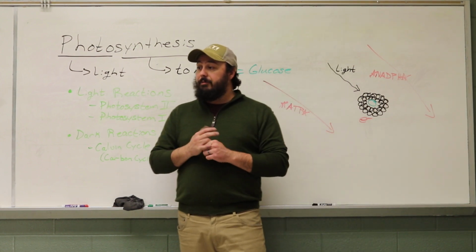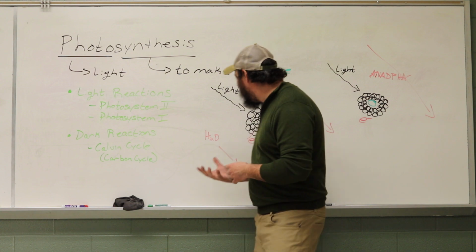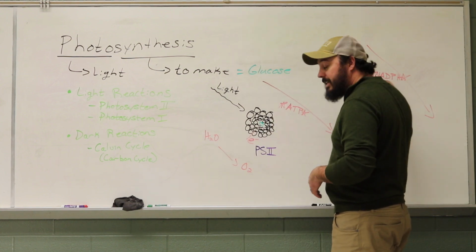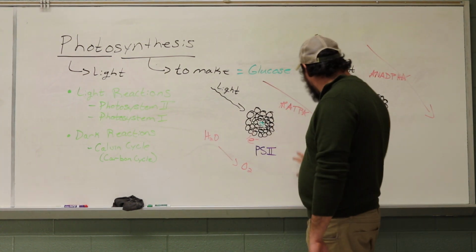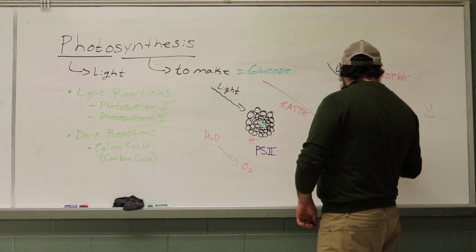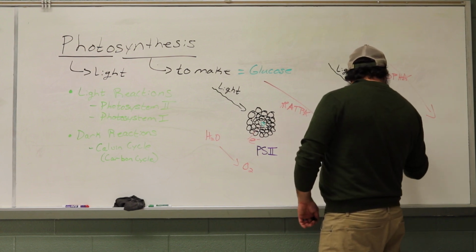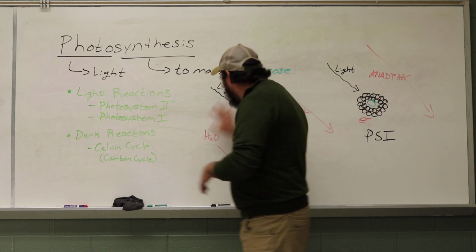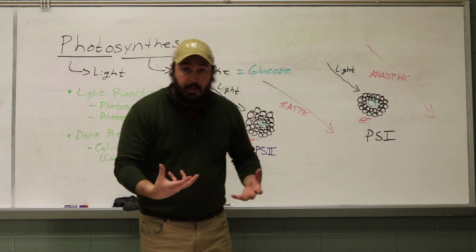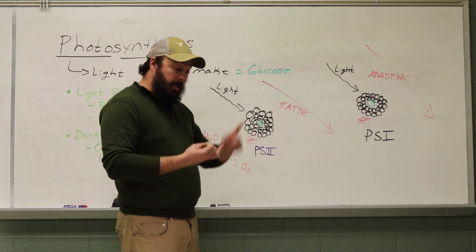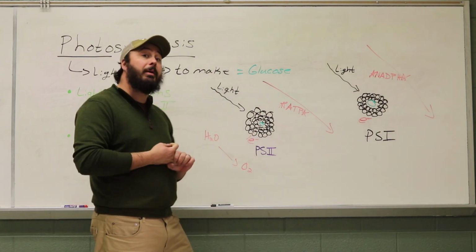Okay. Second off, it uses the ATP and the NADPH from photosystem 2 and photosystem 1. It uses the outputs of these as inputs to it. So it uses ATP, NADPH, and carbon dioxide.